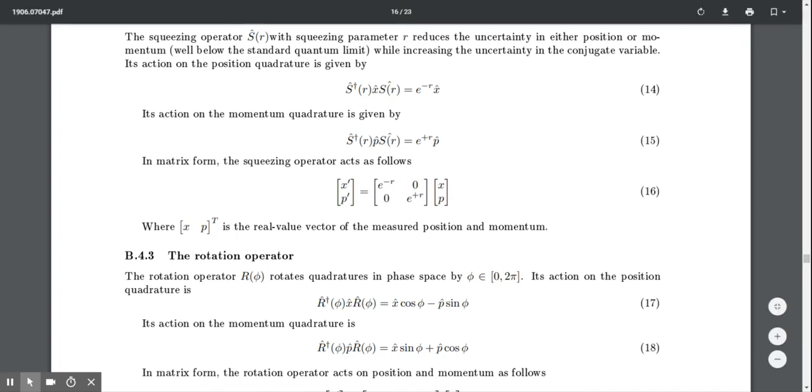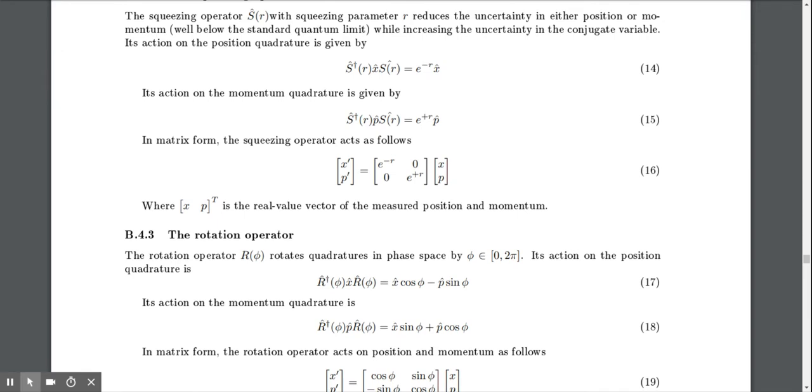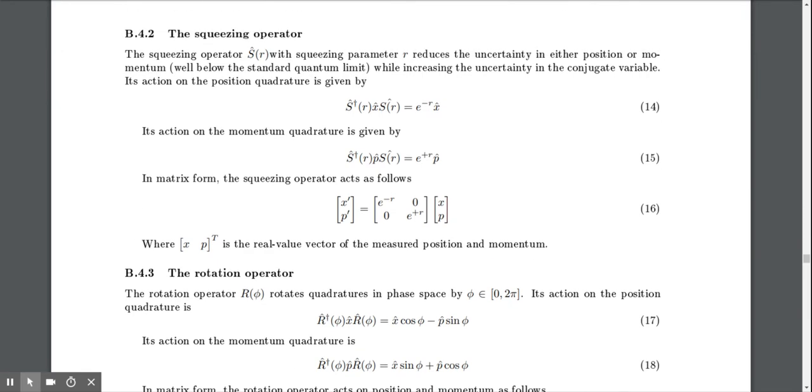And in the matrix form, the squeezing operator acts as follows: x prime, p prime, and then a real-valued vector. So it basically squeezes, reduces uncertainty in position or momentum and increases the uncertainty in the other.